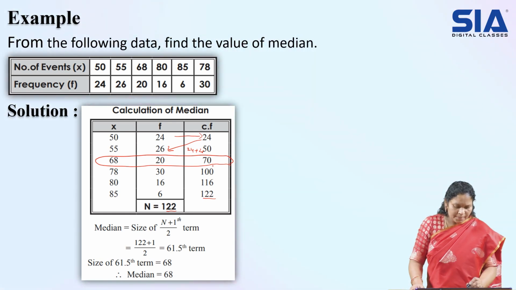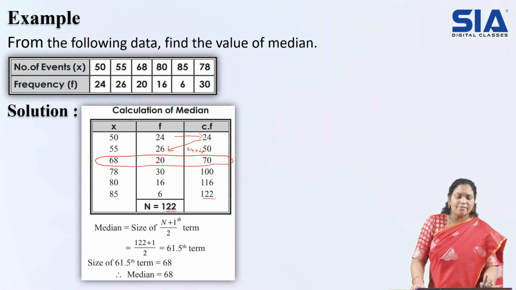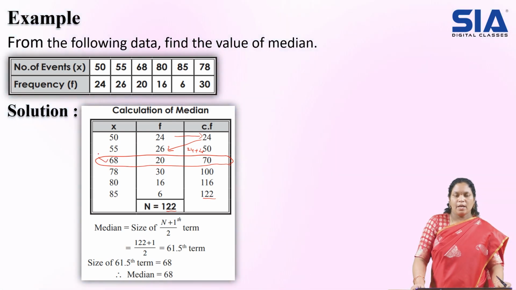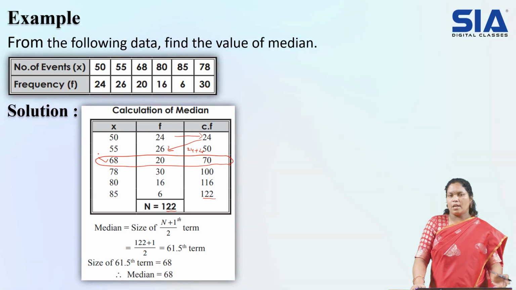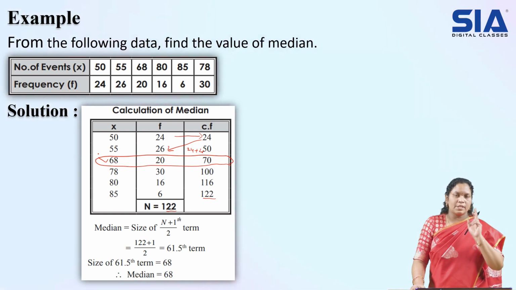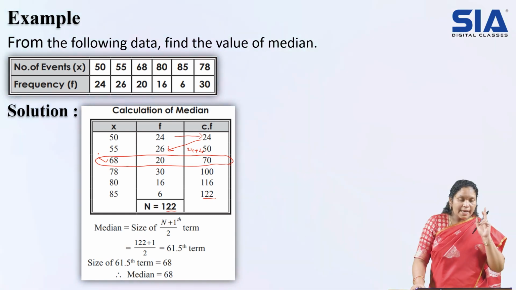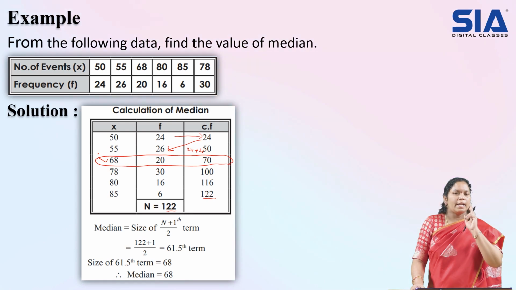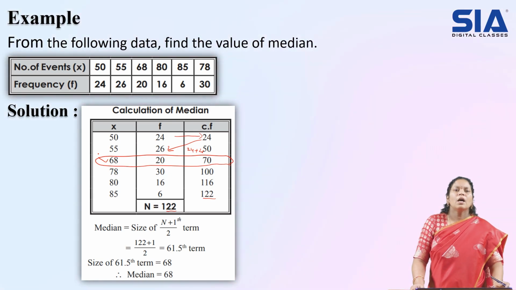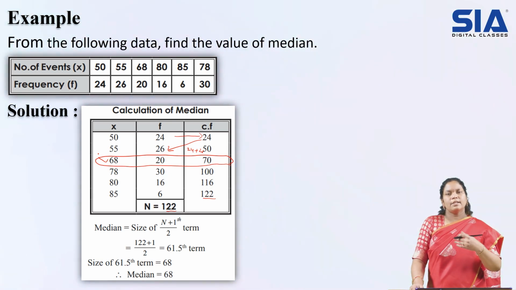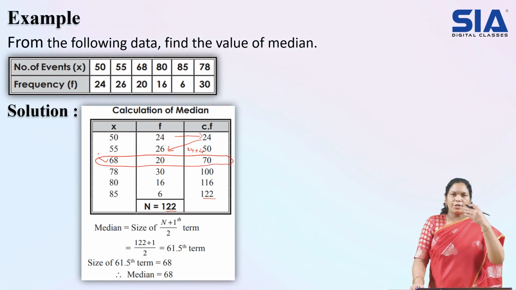Again from the 70, check its X value. The X value is 68. 68 is the median, not the 70. 70 decides the median class and its corresponding X value becomes the median, not a frequency, not a cumulative frequency. Median becomes an X value. It's like having your name, your roll number and your marks: if you got 50 marks, I'll tell your name and that you got 50 marks, not your roll number.